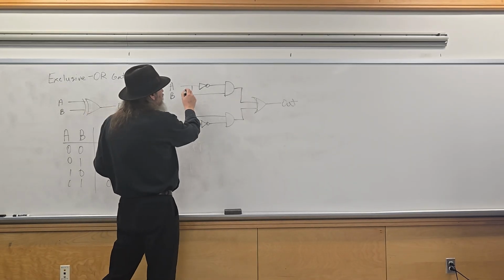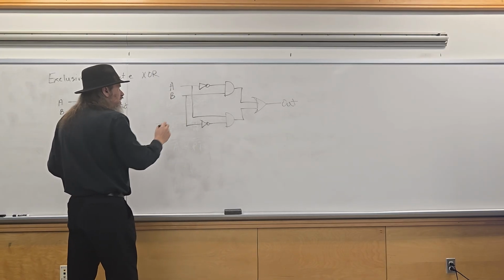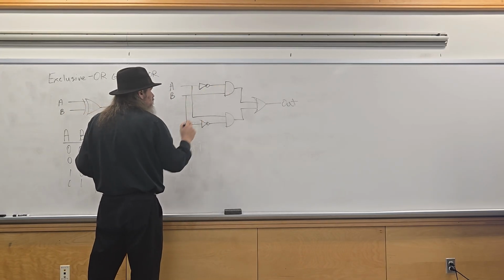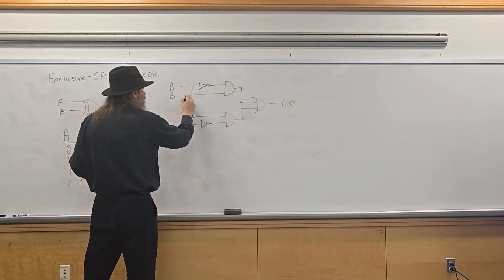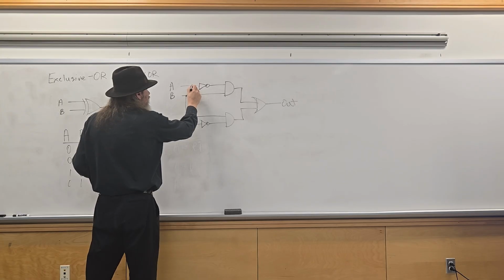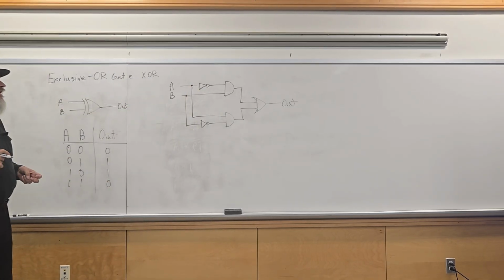So you have one inverted input on each AND gate, and then you OR them together. If either one or the other AND gate is high, then your output will be high.